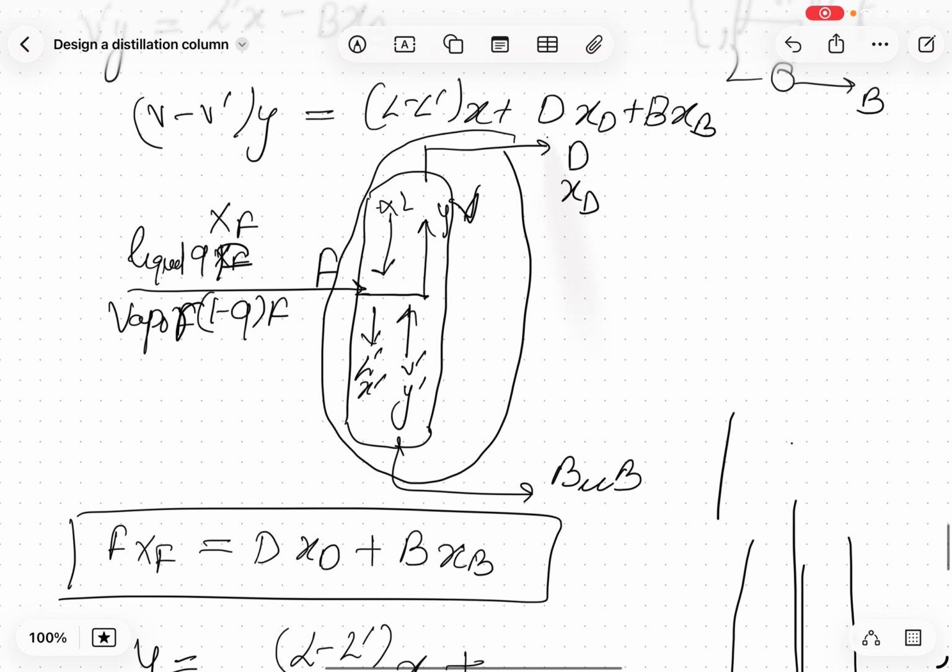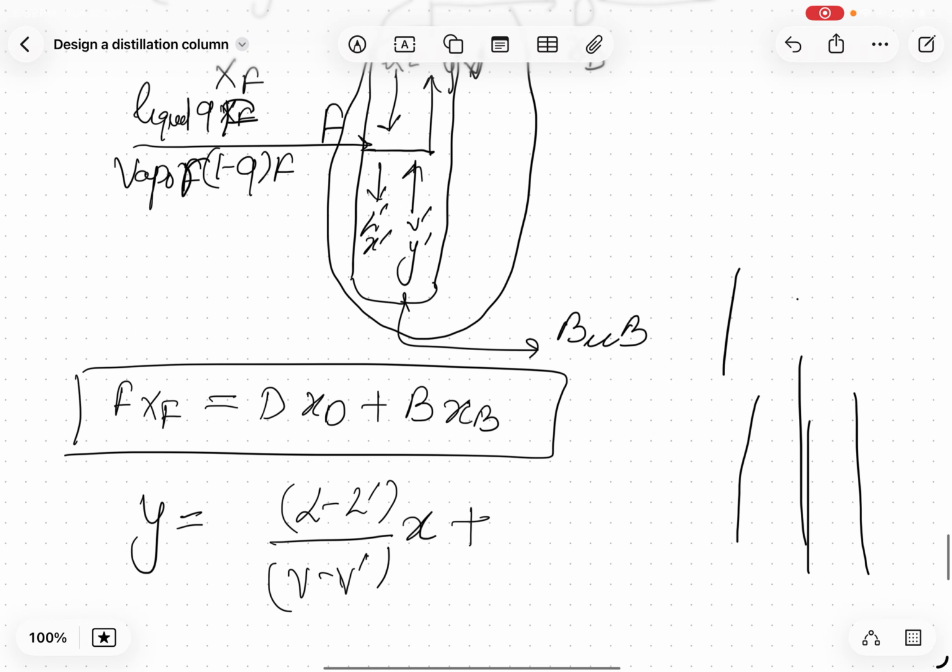DXD and BXB, this you can clearly see is equal to F into XF. L minus L dash, V minus V dash, you know what it is.